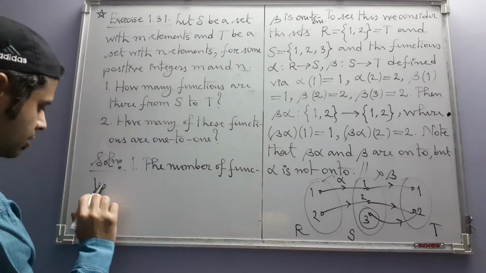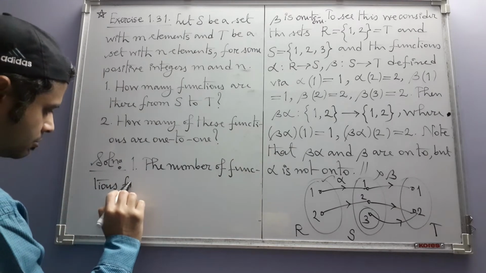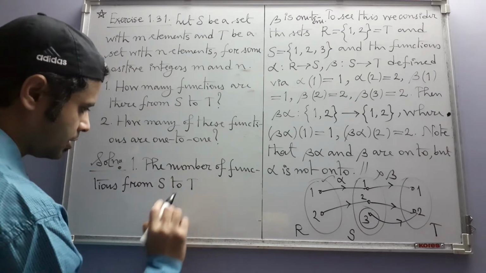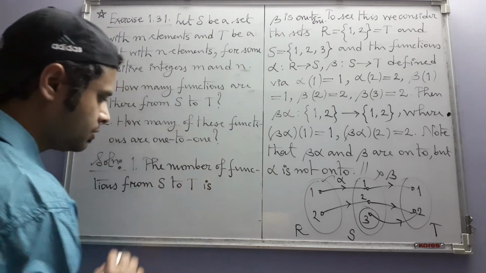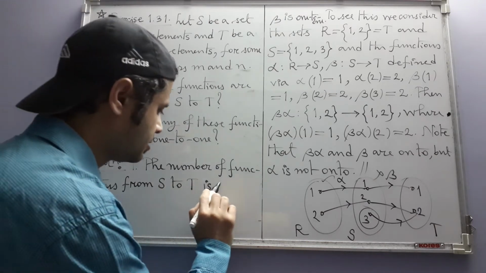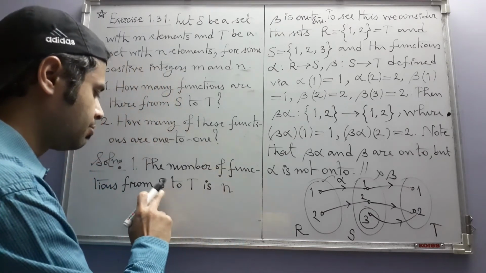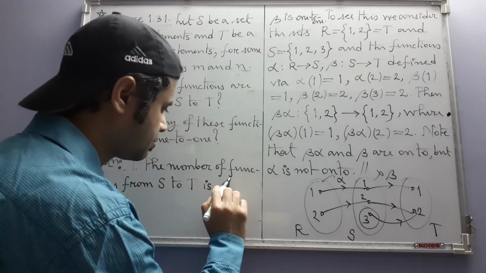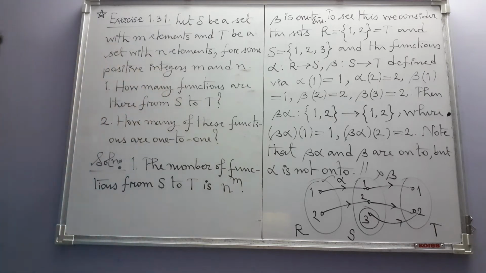The number of functions from S to T is the number of elements in T, that is n, to the power of the number of elements in S, that is m.